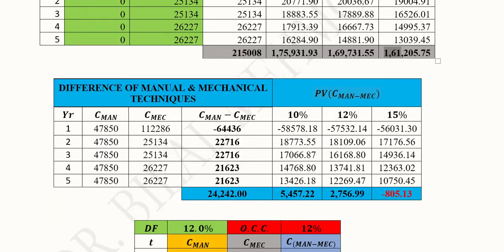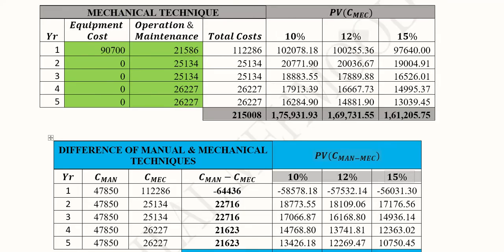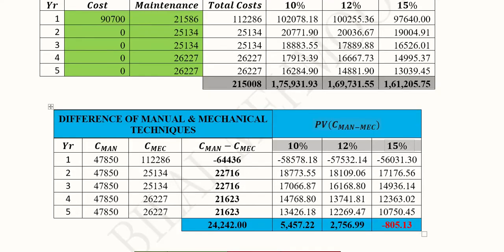So difference of the manual technique and mechanical technique, as I said earlier, we are going to take the difference of the two streams, and this is the difference of the two streams. Then this is the sum, which is a good calculation to have, but definitely we cannot find on the basis of it the results. Then we have 10%, 12 and 15% again, the same discount rates that I used individually for the manual and the mechanical technique.